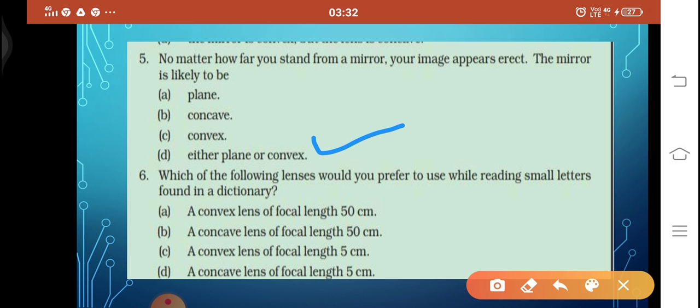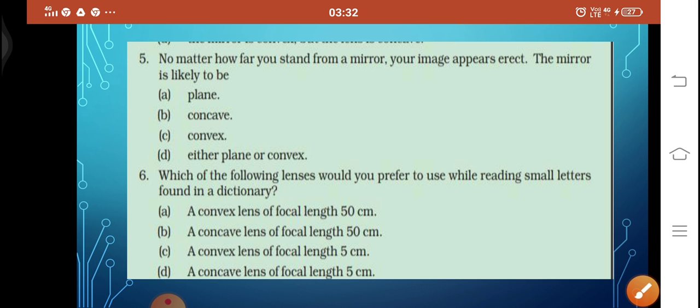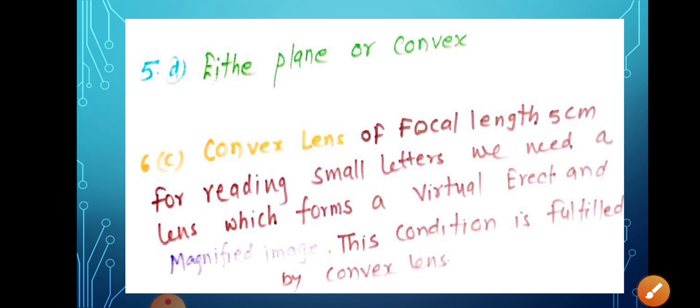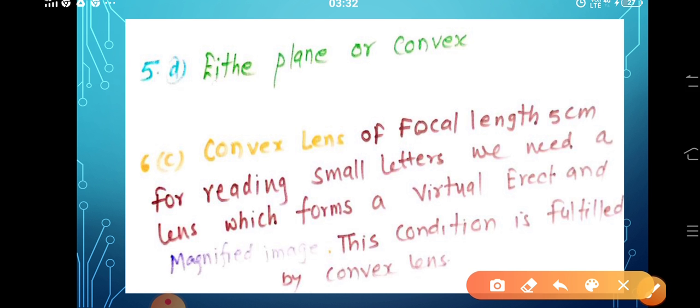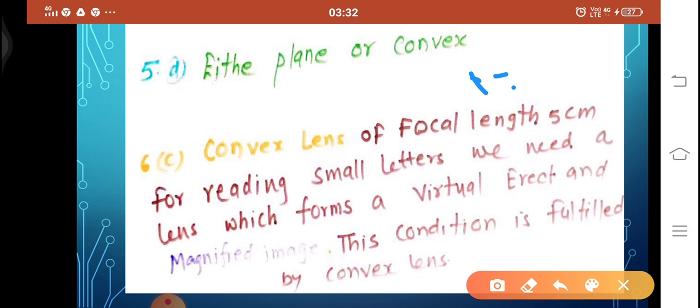Then the sixth question. Which of the following lenses would you prefer to use while reading small letters? To read small letters we will use a convex lens, and a convex lens of smaller focal length, because power is 1 by f.